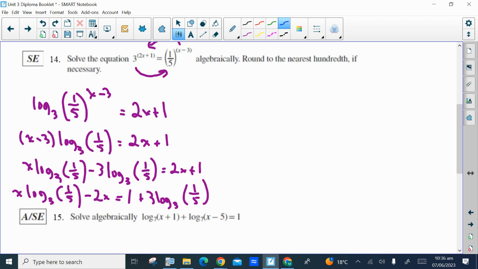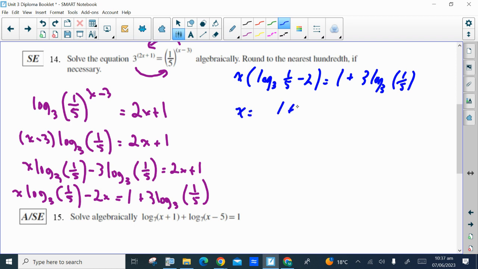We're trying to get x by itself, so on the left side we can take out a common factor of x. And then we divide both sides by what's inside the brackets.